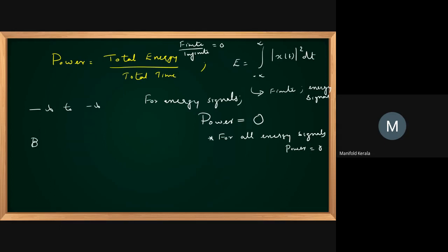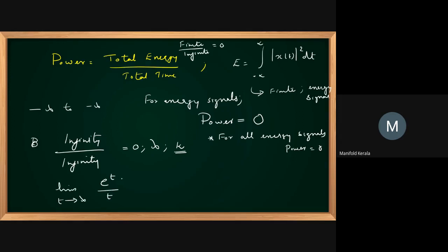Because when you have infinity by infinity, what will be this relation? You know what is meant by, what will be the answer for infinity by infinity? Infinity by infinity could give you 3 different answers. It could be 0, it could be infinity, or it could be a finite constant k. For example, suppose I take e raised to t divided by t, limit t tending to infinity.